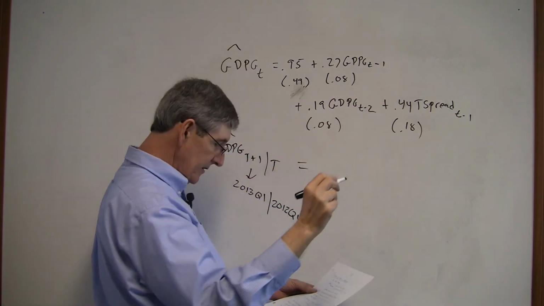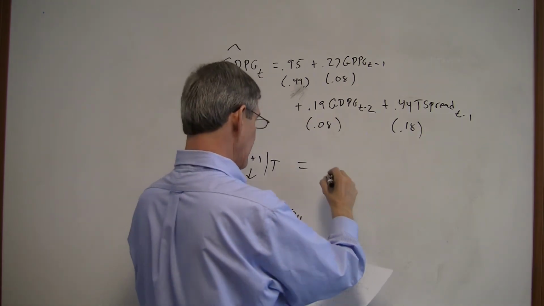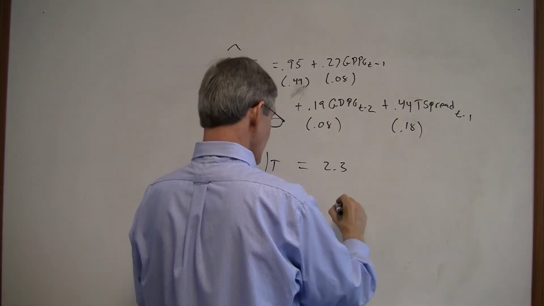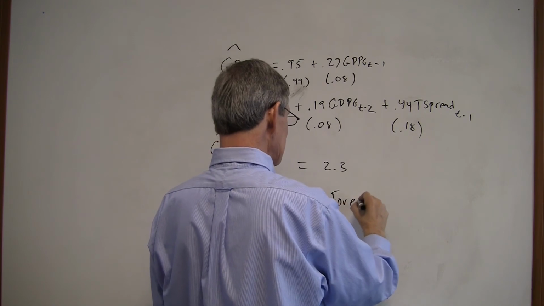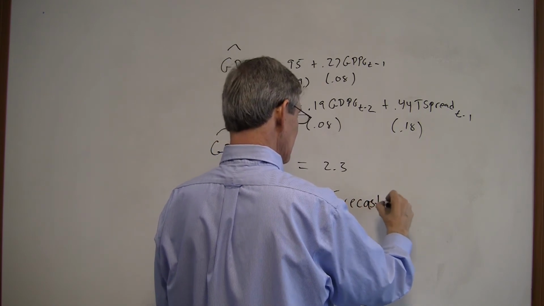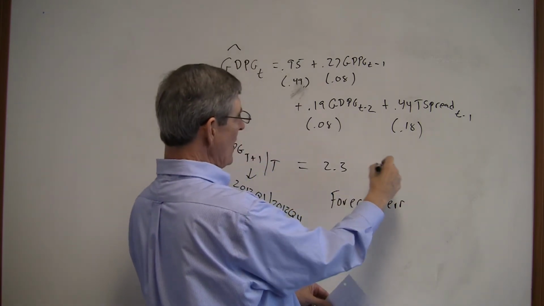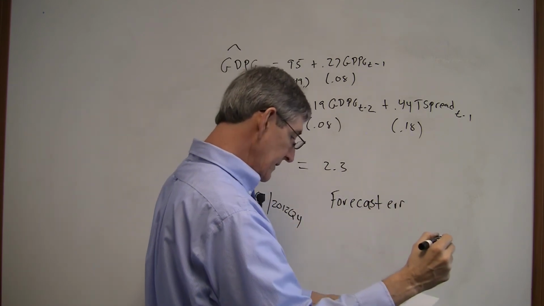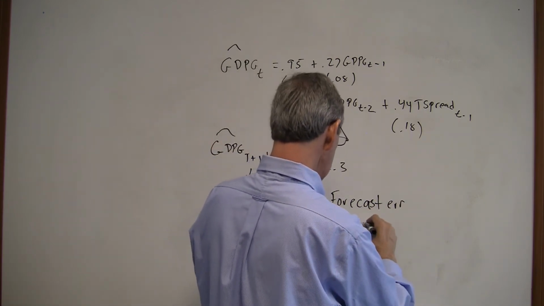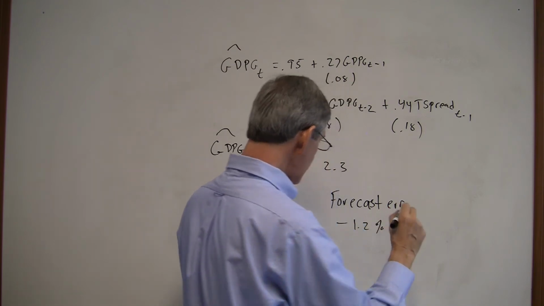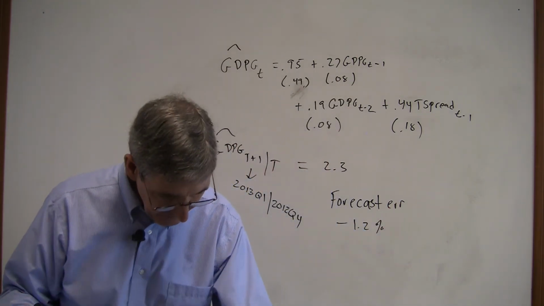And if you do that, you'll get 2.3. So the forecast error is actually worse than we looked at before. Forecast error, because 1.1 was the true value, is now minus 1.2%. And so it didn't actually improve our forecast.